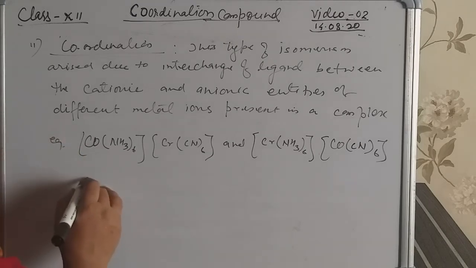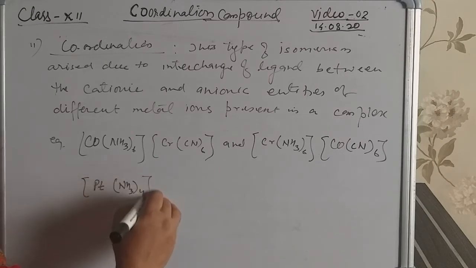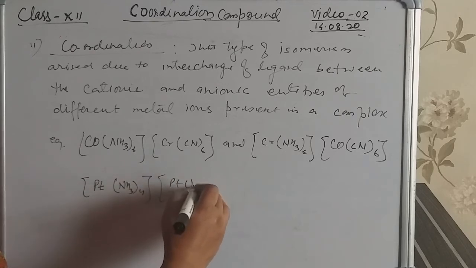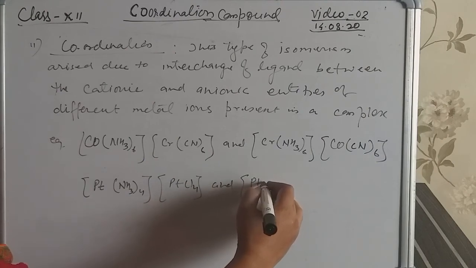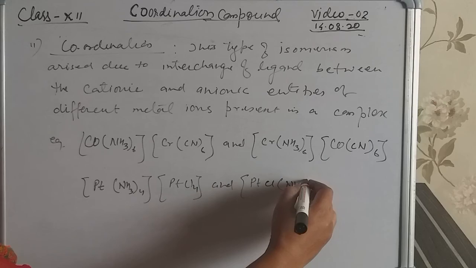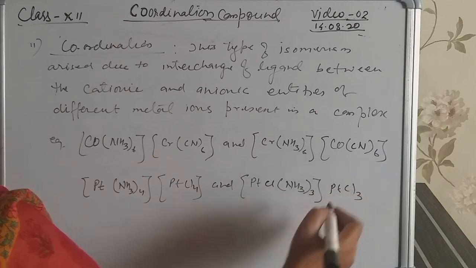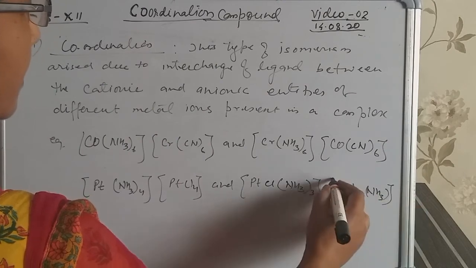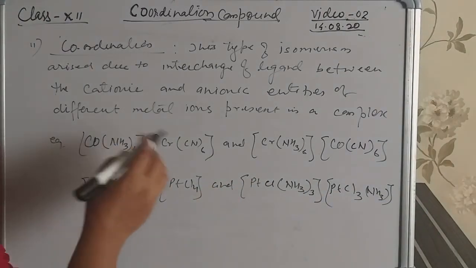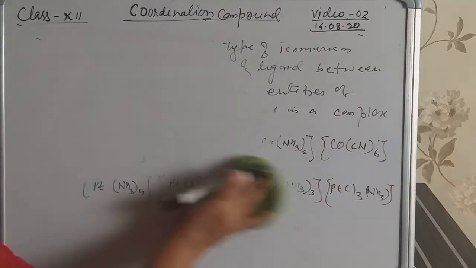One more example is platinum with NH3 and platinum with Cl4, and just change the platinum: Pt(NH3)4 PtCl4 and Pt(Cl)(NH3)3 Pt(Cl3)(NH3). So this type of example is coordination isomerism.